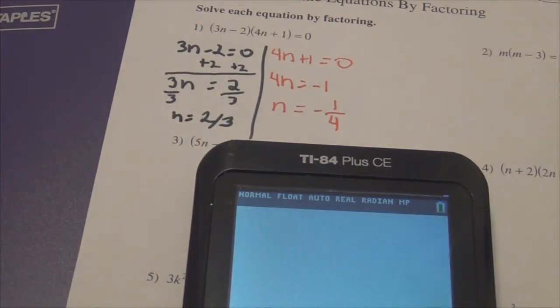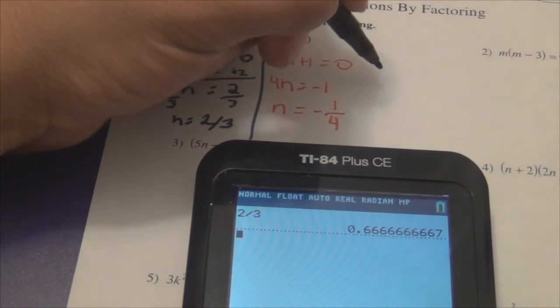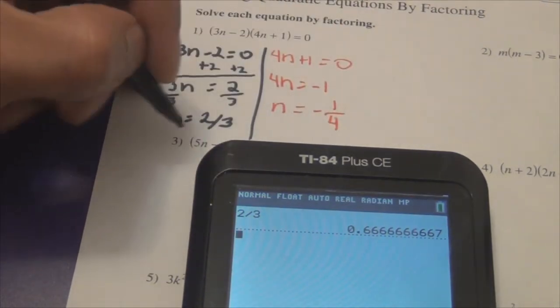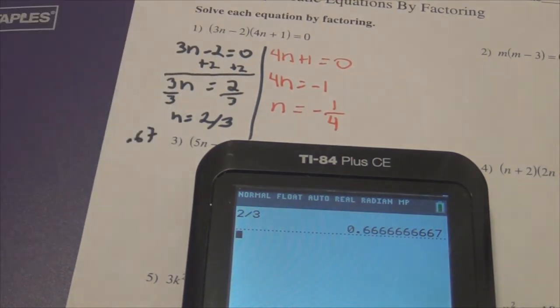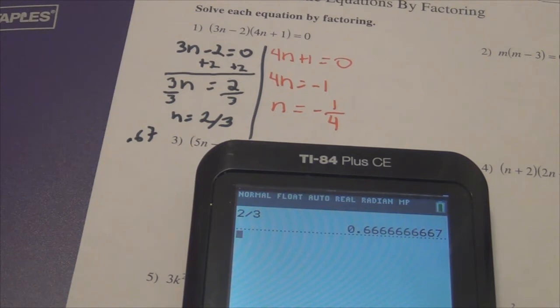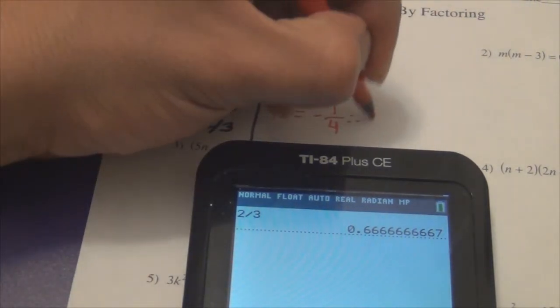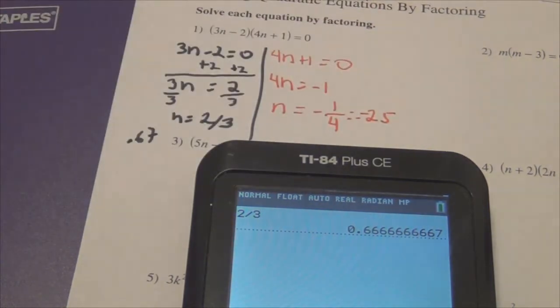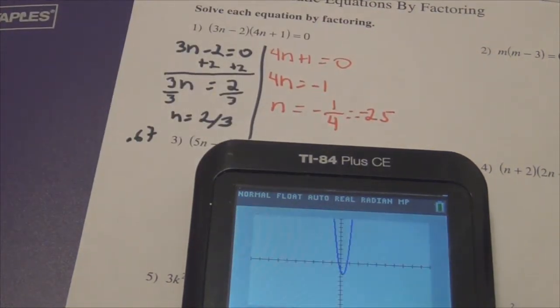Let us understand what 2/3 is. 2/3 is 0.67, and negative 1/4 is negative 0.25. We know that, right?